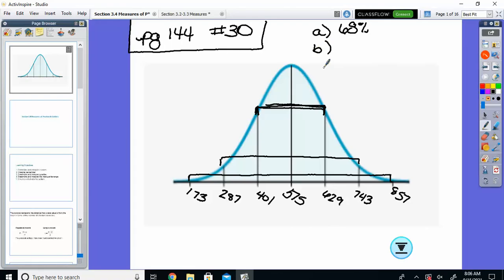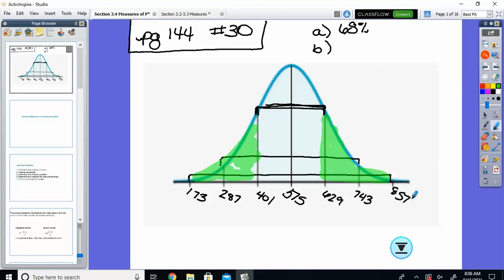Okay, part B. What percentage is less than 401 or greater than 629? Less than 401 is all of this. Greater than 629 is all of this. How would I go about getting that? We did that one in our notes where we found the percentages of each of those.